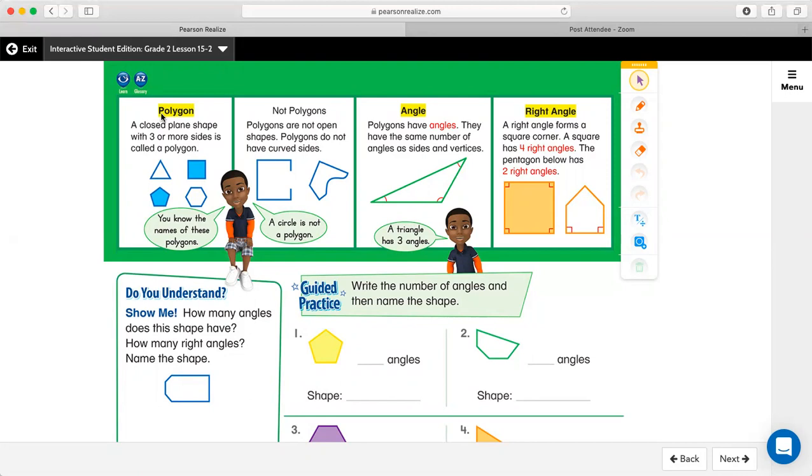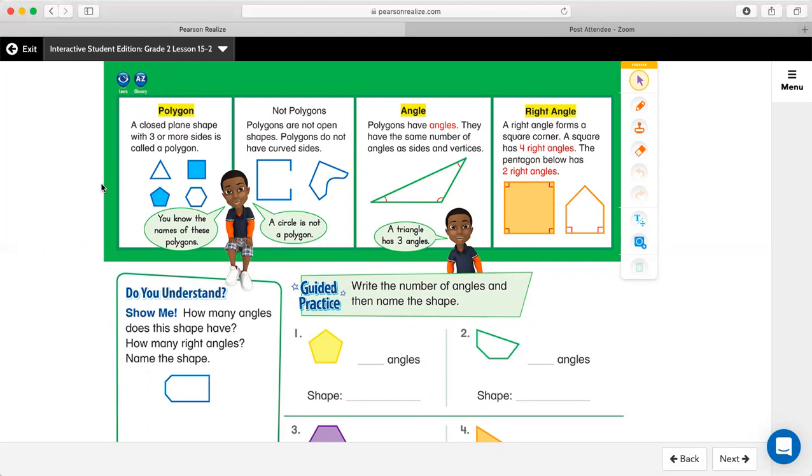So a plane shape means that it's flat. It lays on the table or on the paper flat. And closed means all of the lines touch. There's no gap anywhere. Okay. So examples of a polygon would be a triangle, a square, a pentagon, and a hexagon.